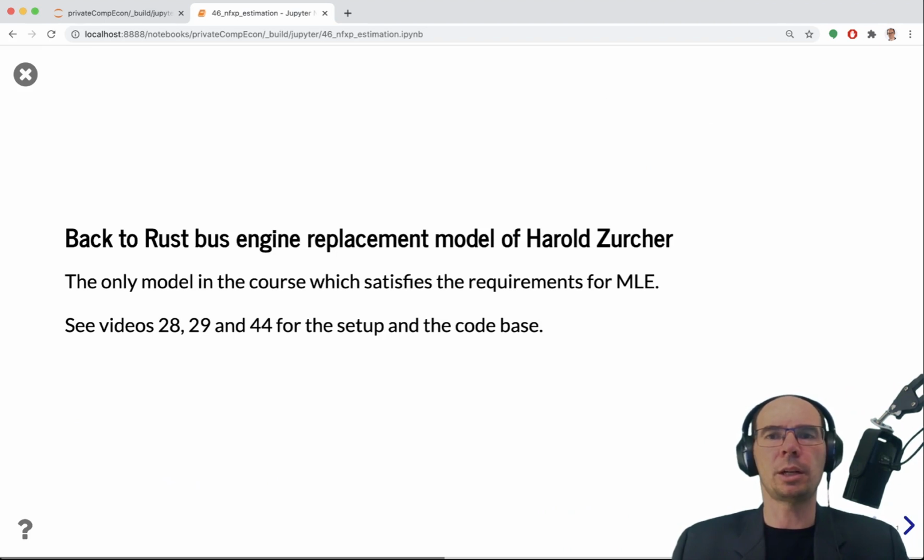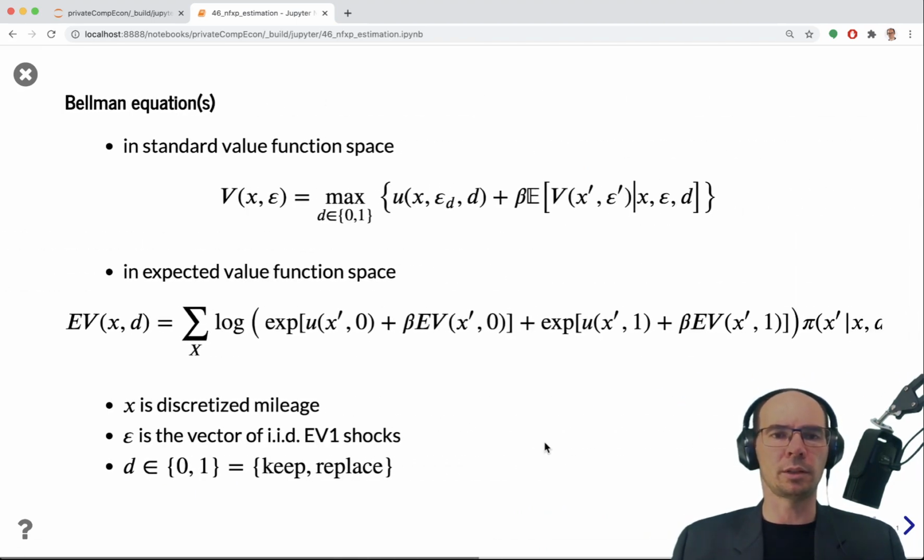It is a complete package in both how to solve the model efficiently and how to estimate it efficiently. And the NFXP algorithm, the nested fixed point estimator, was a natural part of this whole package of this paper. But we are looking at it separately only now.